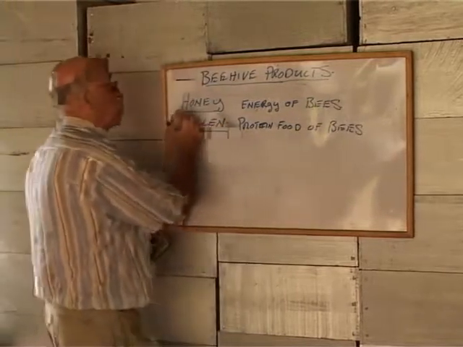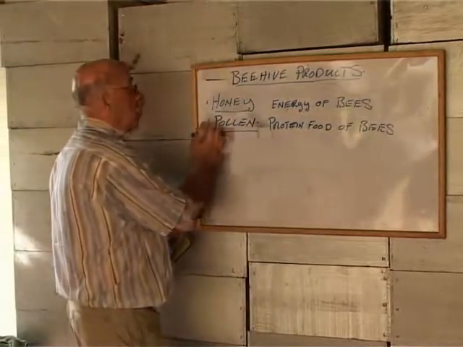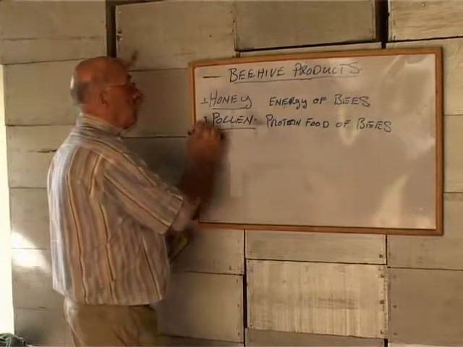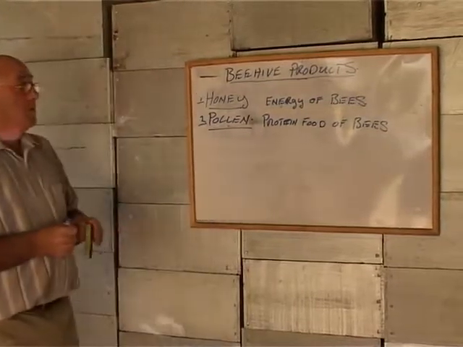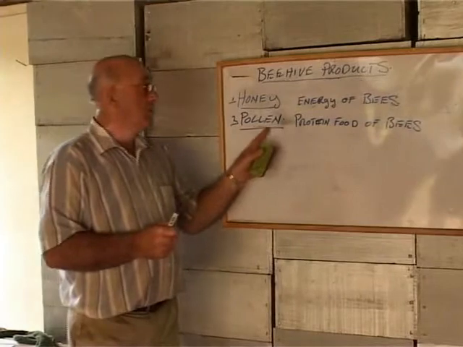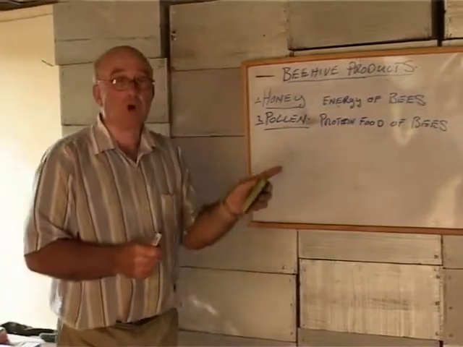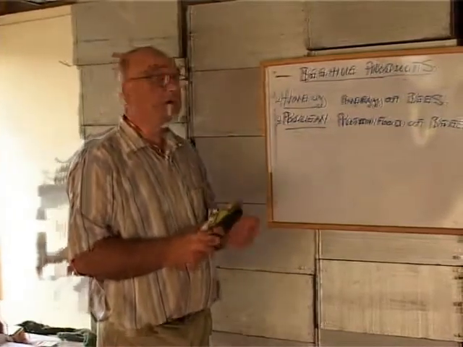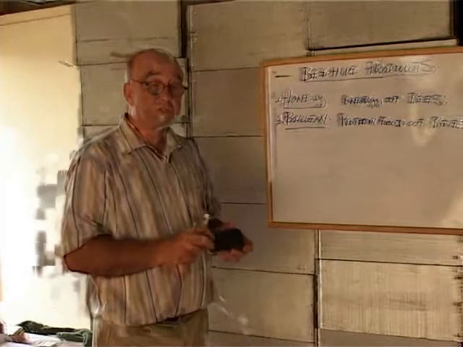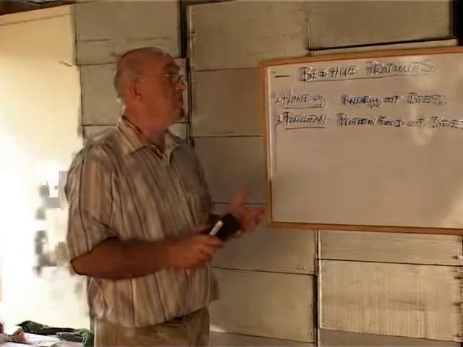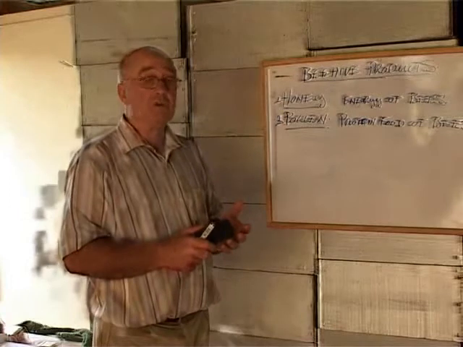So bees must have honey and pollen. The protein value of pollen is exceptionally high. It has the 23 elements of the human body. All vitamins and all minerals required by the bees are in flower created pollen.